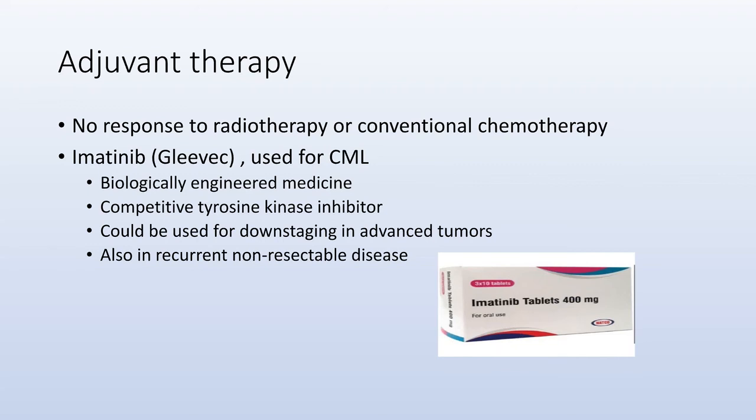And before I go further, the Imatinib tablet after surgery is given for a year, but now in certain centers it has been extended to 3 years, and it seems to have boosted the survival rate of patients with malignant gastrointestinal stromal tumor.